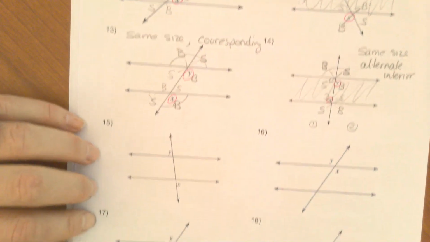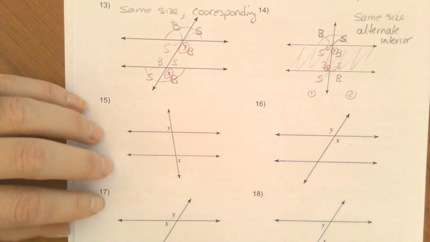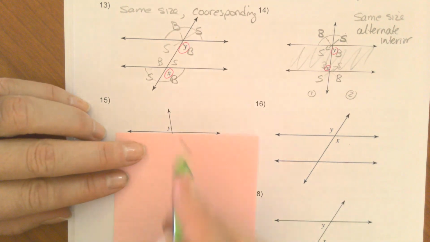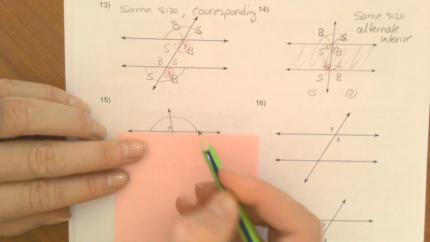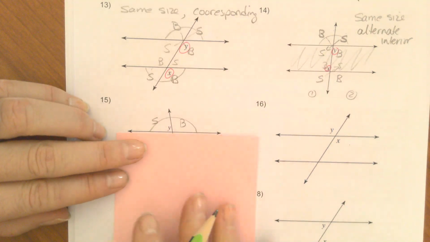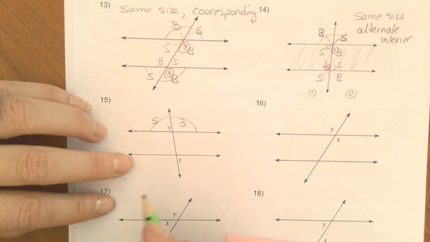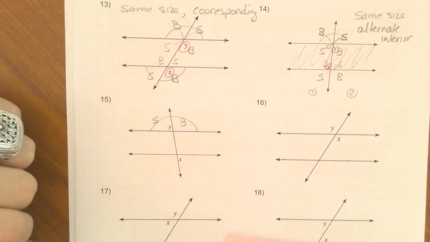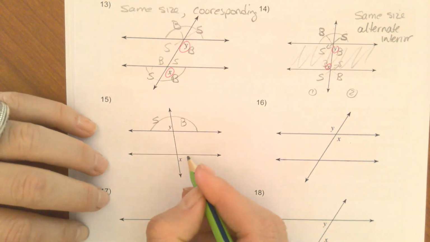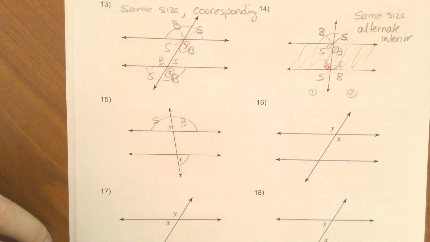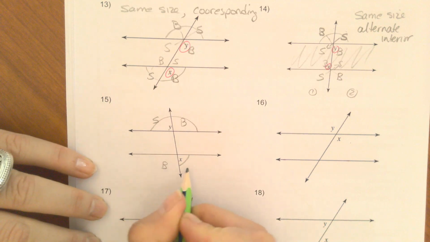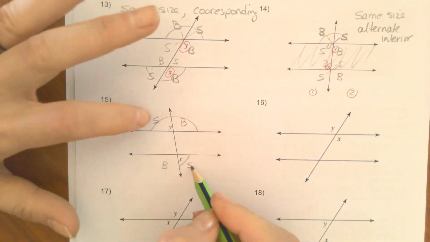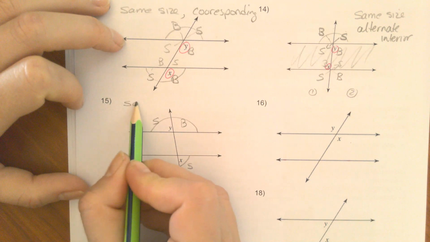Okay, let's look at the next one. That's big and that's small. I don't need to find them all. Just, does this one look like big or small? Well, that looks big, so that's small. So they're both small, so they're both the same size.